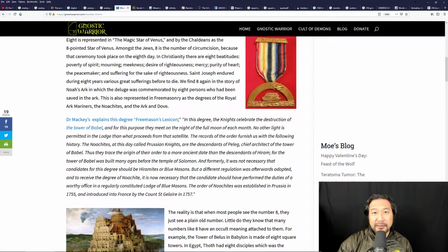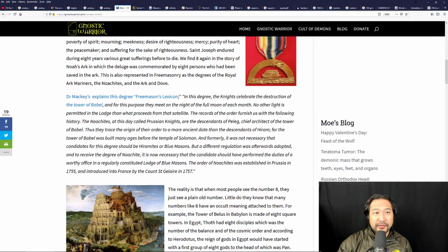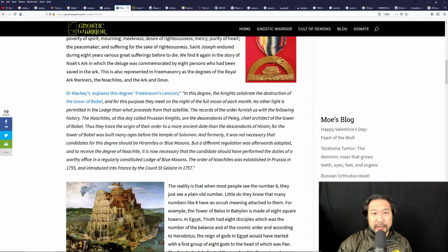In Christianity, there are 8 beatitudes: poverty of spirit, mourning, meekness, desire of righteousness, mercy, purity of heart, the peacemaker, and suffering for the sake of righteousness. Saint Joseph endured during 8 years various sufferings. We find 8 again in the story of Noah's Ark, in which the deluge was commemorated by 8 persons who had been saved in the Ark.